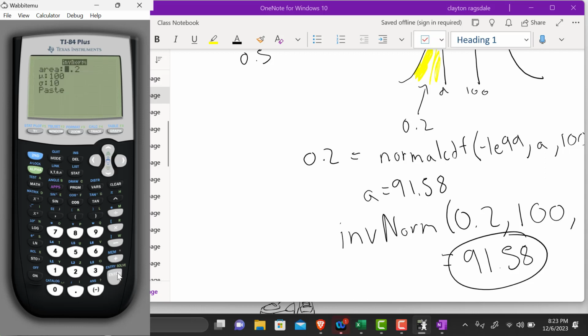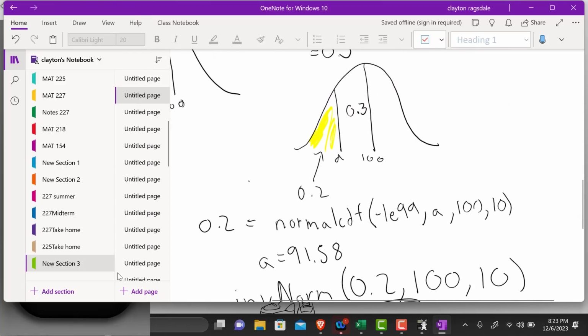InvNorm, 0.2 is the area. Our mean is 100. Our standard deviation is 0.03. I can't read. So your question, I'm sorry guys.